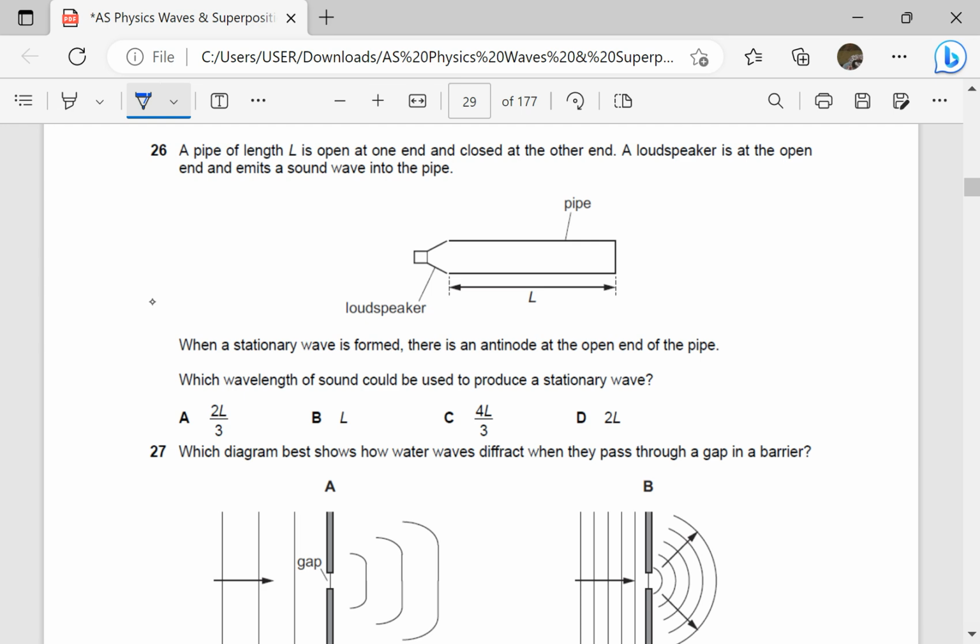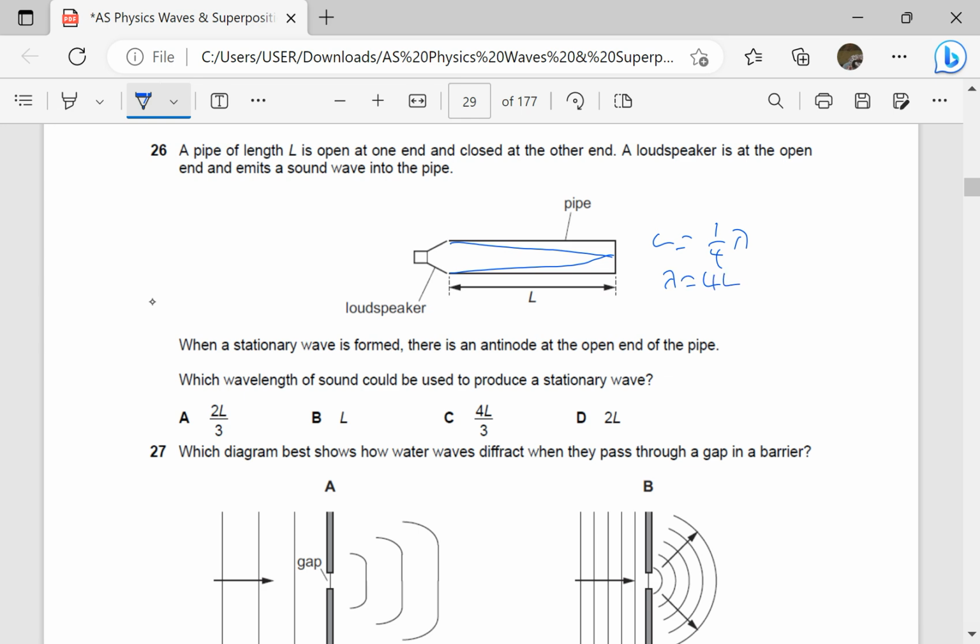Which wavelength of sound could be used to produce a stationary wave? So if there is an antinode there, we expect a node the other side. So the length is going to represent a quarter of a wavelength because there's just a quarter cycle there for the fundamental mode. So it means lambda is going to be 4L.